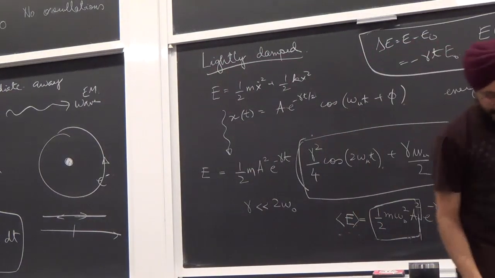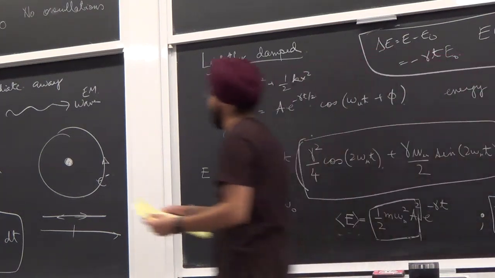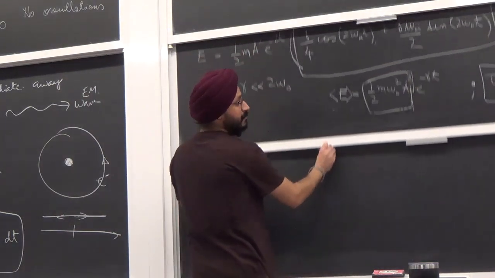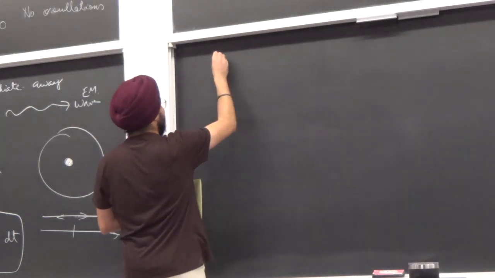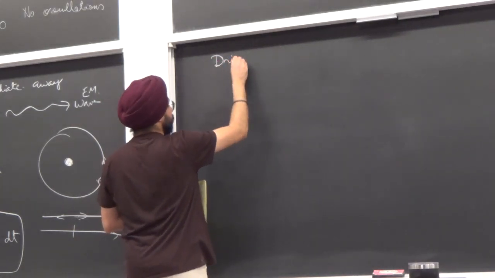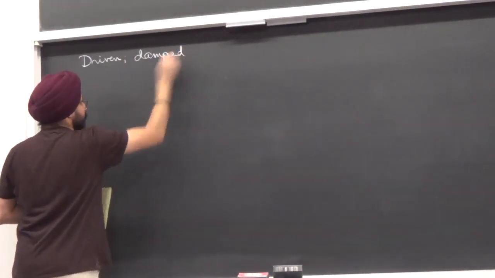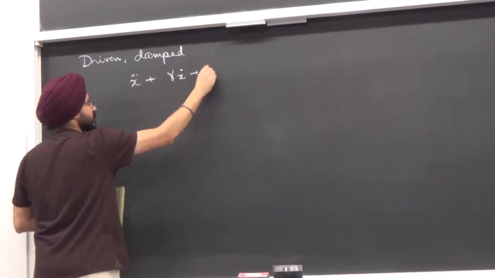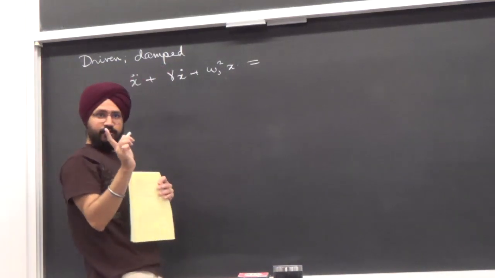So let me physically motivate a slightly more interesting scenario, which we'll talk about in detail next time. Today we do the underlying math. Consider a driven damped harmonic oscillator: x double dot plus gamma x dot plus omega naught squared x equals not zero.